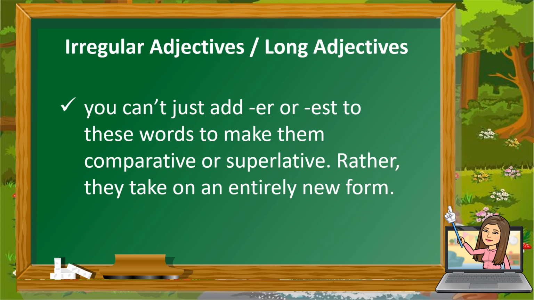In here, we are no longer adding er and est at the end of the positive degree. Instead, we are going to have a new form, okay? A new form or new sets of words, okay? So, to know what these words are, let us move on to the next.